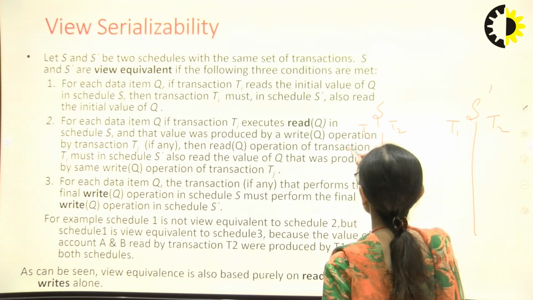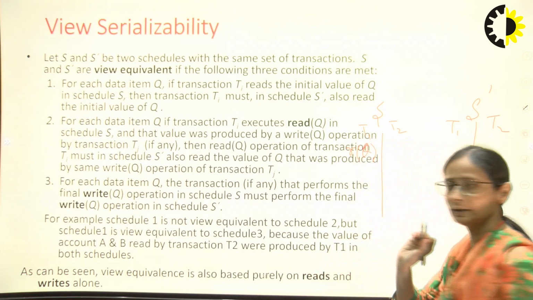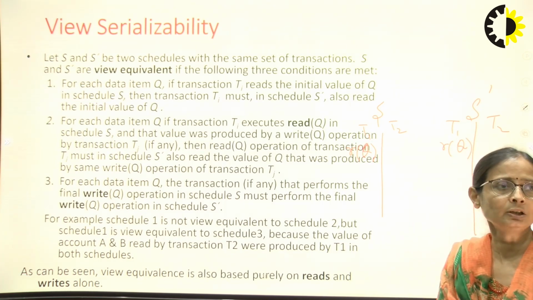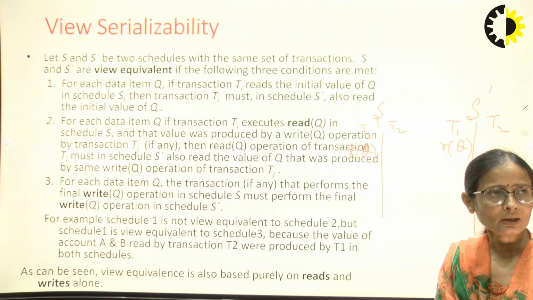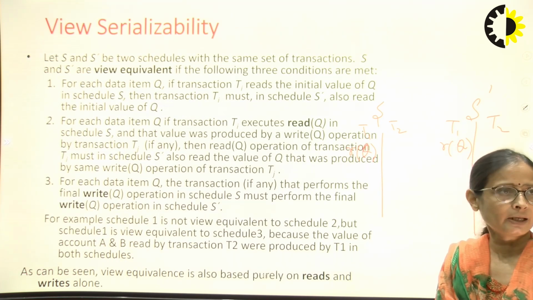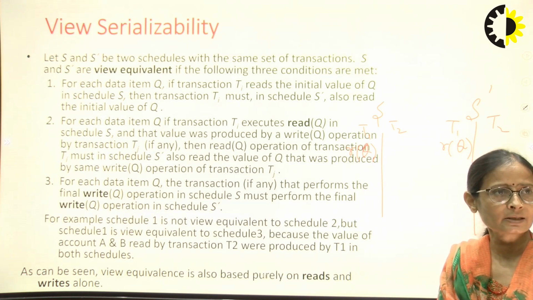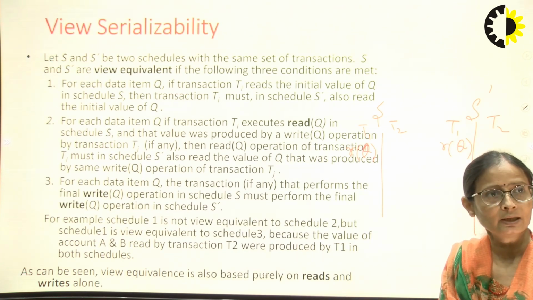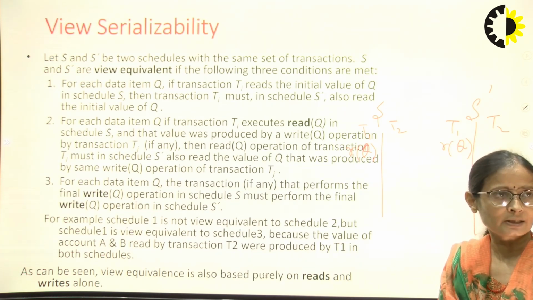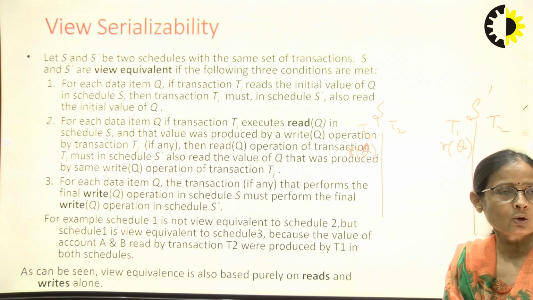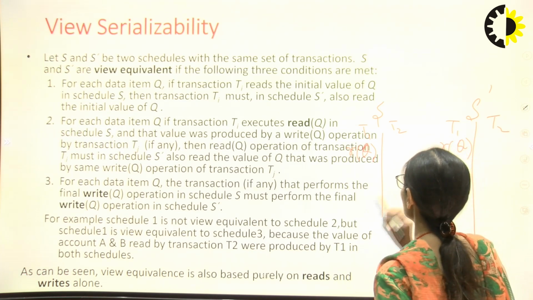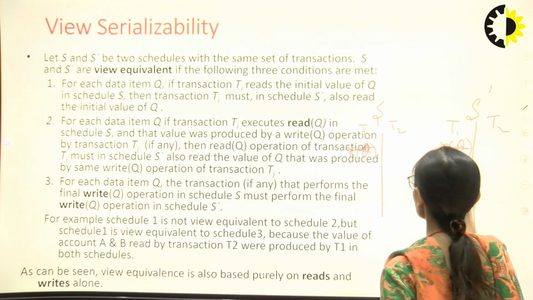If T1 reads the data item first initially in S, then in S dash also, T1 should be the first transaction to read the data value Q. Second property: for each data item Q, if transaction Ti executes read Q in schedule S and that value was produced by a write Q operation by transaction Tj, then the read Q operation of transaction Ti in schedule S dash must also read the value of Q that was produced by transaction Tj.